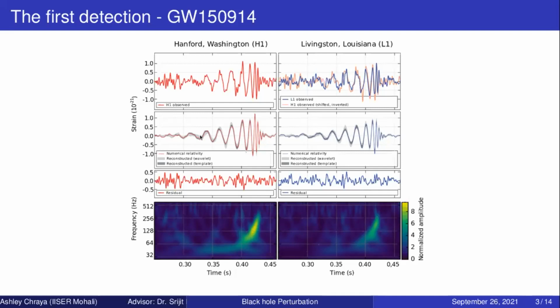Now what is happening here is that we divide this gravitational wave data into 3 stages. The first one is the inspiral stage, shown in the first part of this diagram. In this diagram, the amplitude is increasing and also the frequency is increasing.